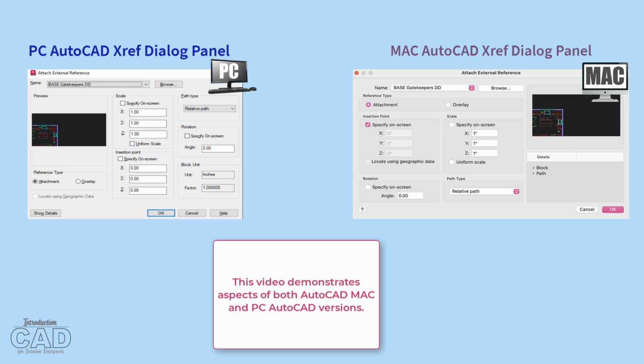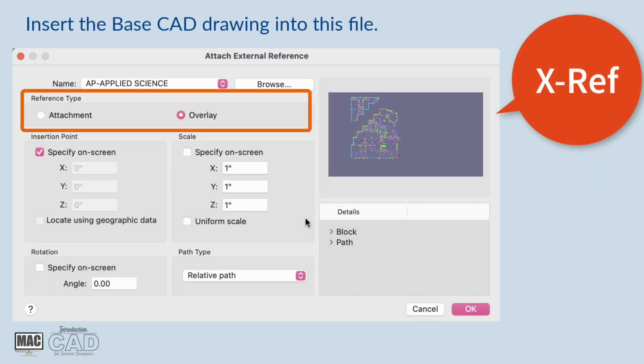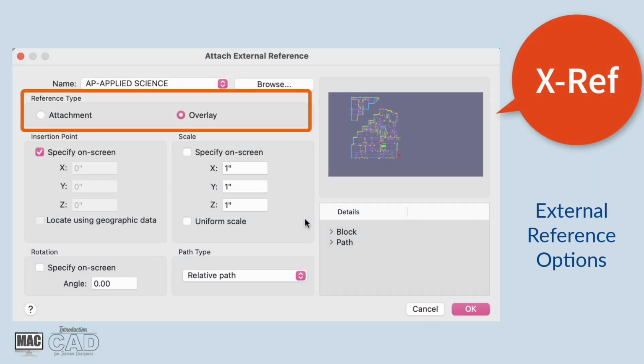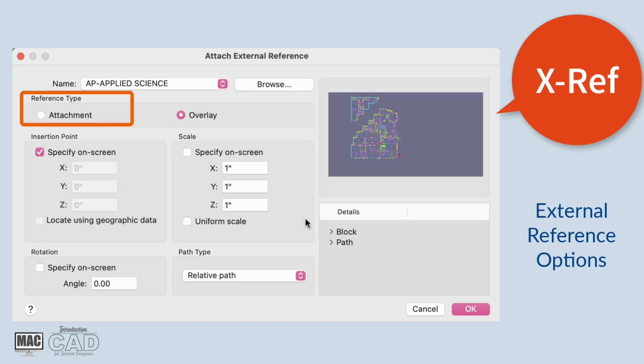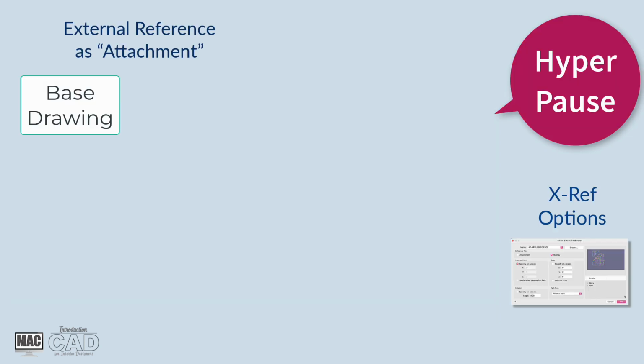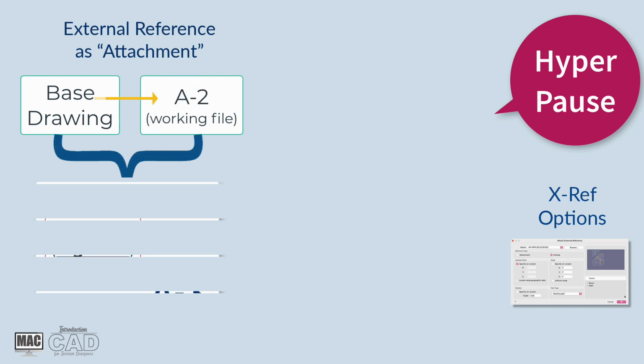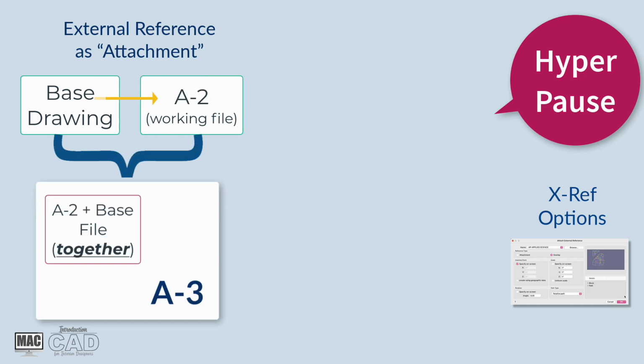Let's take a hyperpause here to discuss the different options for inserting external references into the working AutoCAD file. The first choice in the dialog box is whether the external reference will be attached as an attachment or an overlay type. What does this mean exactly? When an external reference is inserted into a drawing as an attachment, both files will carry through together if this file is used as an external reference in another working file.